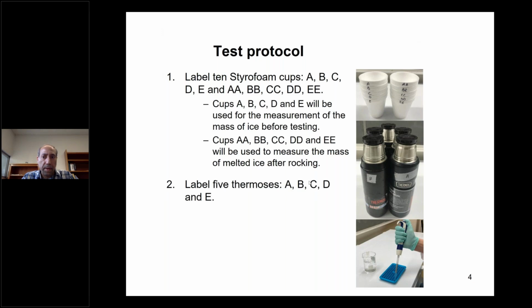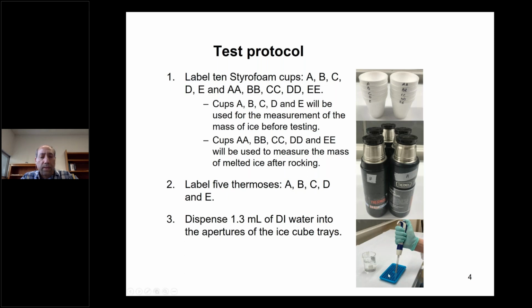And to do the test, we need a thermos. It can be any brand. Actually, we don't want to advertise a special brand, but the thermos brand was used in this research. And you can see here, this is an ice tray.